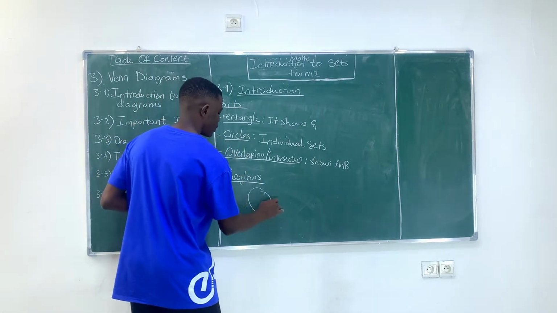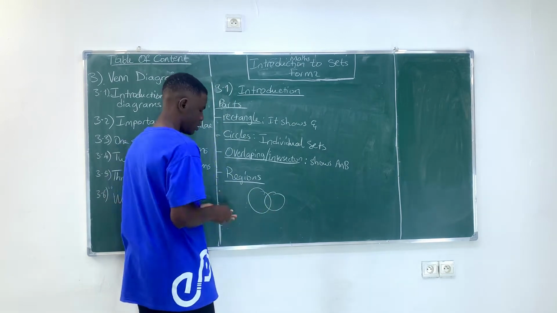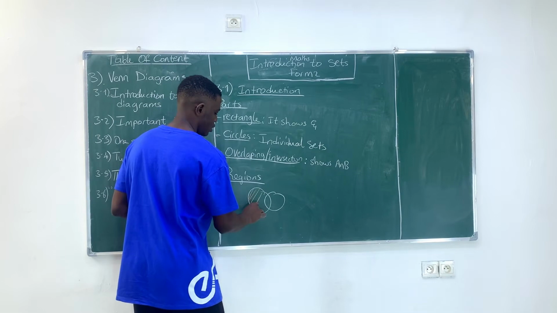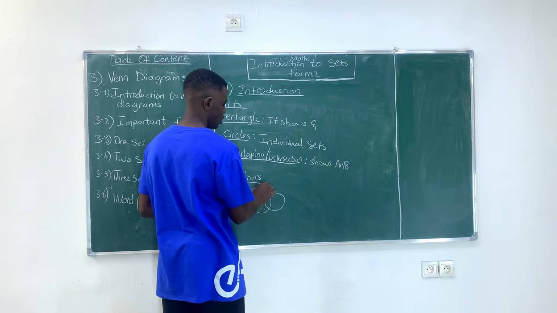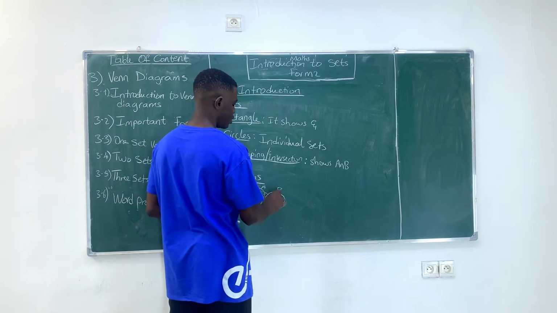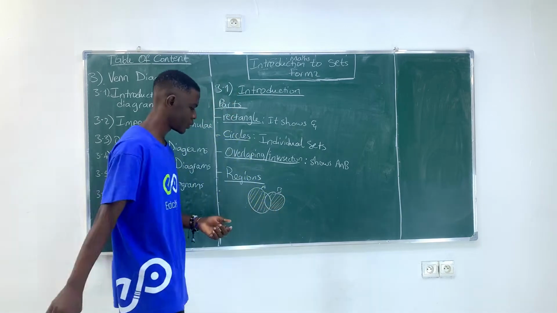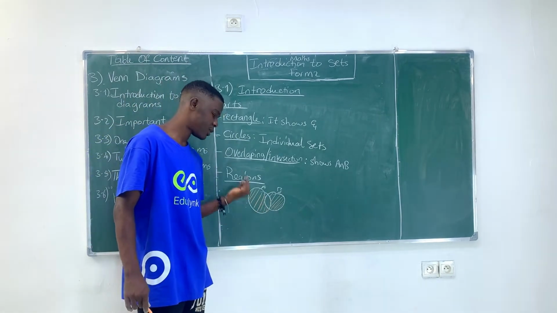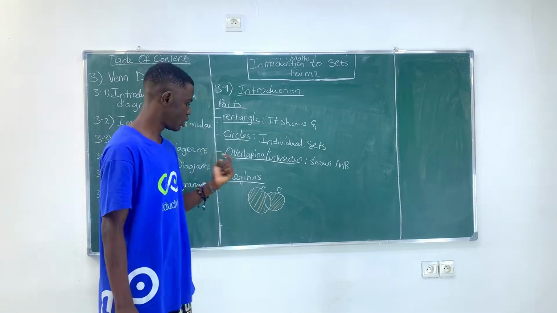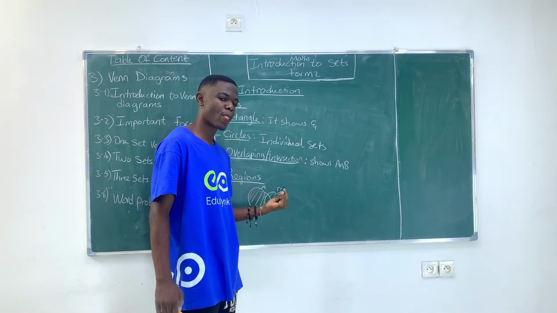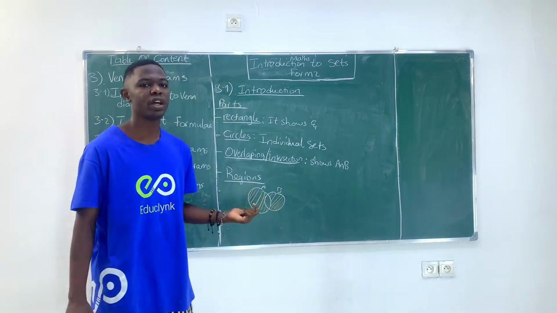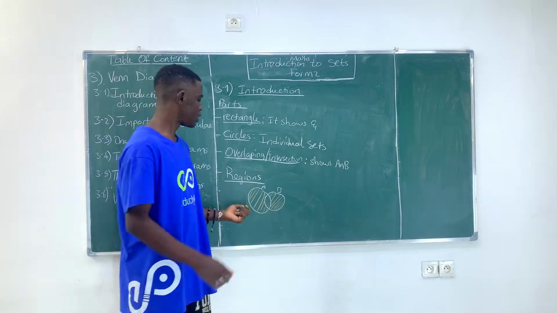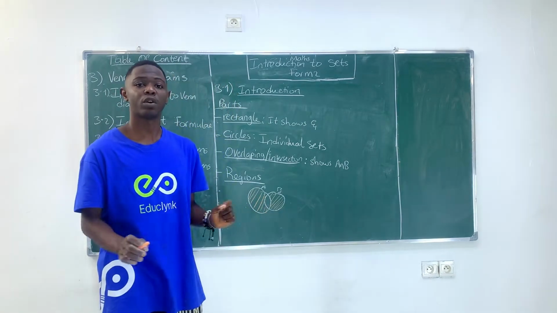If you have something like this, all of this is the region of A, and this is the region of B. So elements here will be specific just to A, and elements here will be specific just to B. So if we say A is the number of people that play football, inside this region is the number of people that play only football, nothing else.